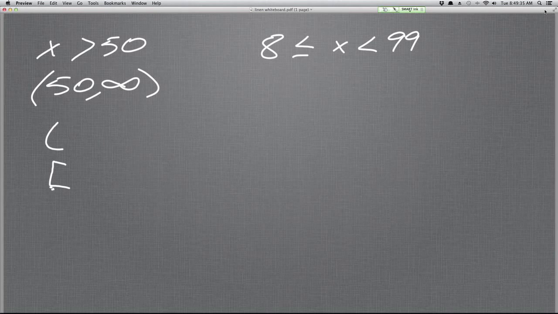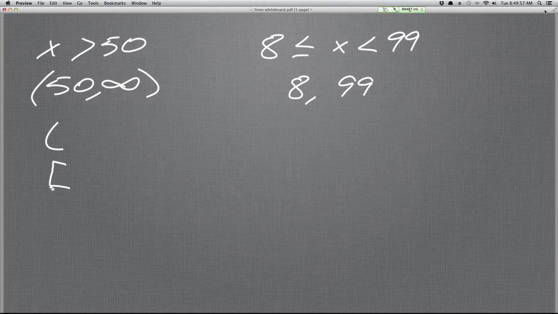I need the smallest number and the biggest number that encloses my set. So my smallest number is 8. My biggest number is 99. Then I have to decide if each number gets a bracket or a parenthesis.